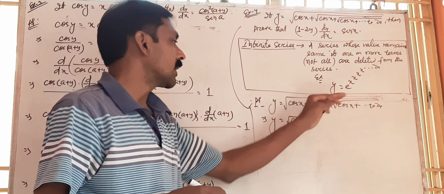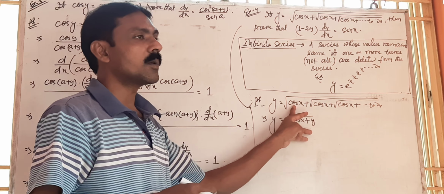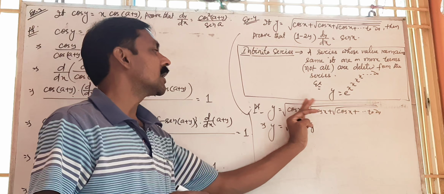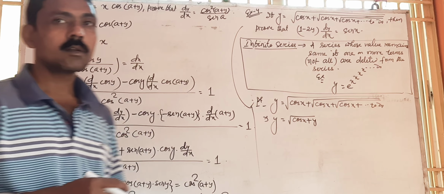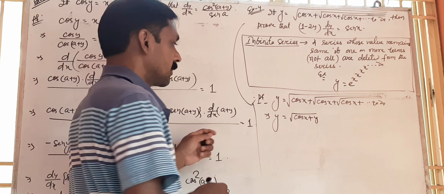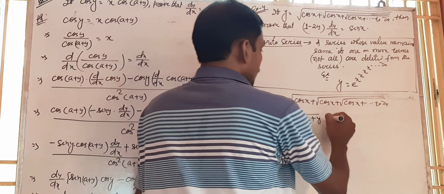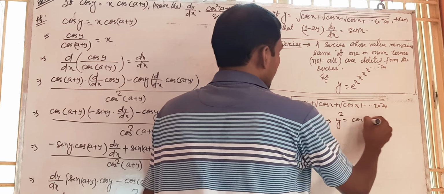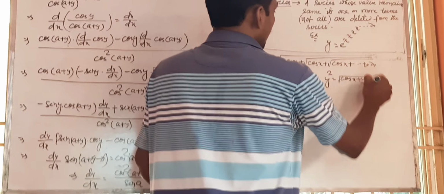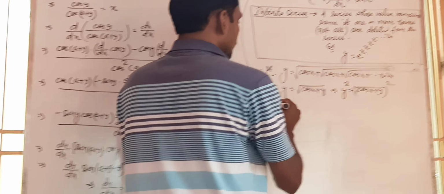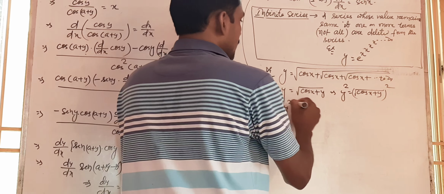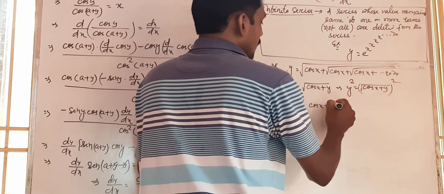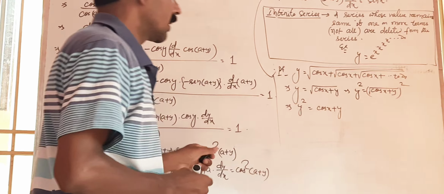Here all are y. So we have written only this value cos x. Then again from this, if you delete this, then again it will be y. So this is the process. Then if we square both sides, y square equal to cos x plus y, root over whole square. So y square equal to cos x plus y.